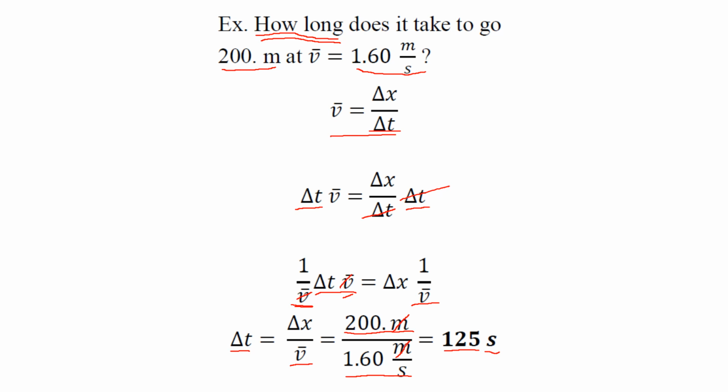And notice that the answer is in seconds, which is what it needs to be, because the question asks for how long, for an amount of time. And so your answer had better have units of time, which in this course are seconds. Or you could convert to minutes, right? 125 seconds is a little bit awkward.